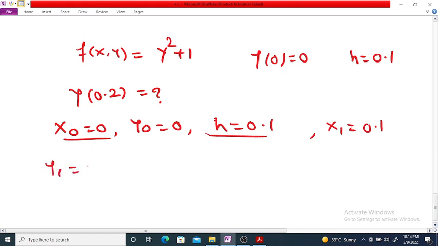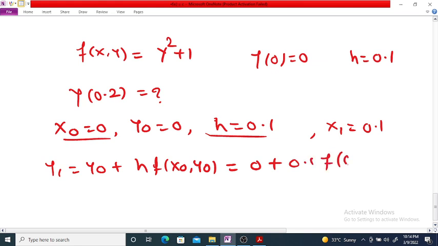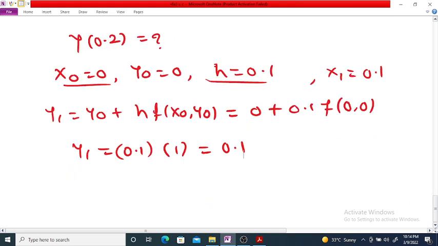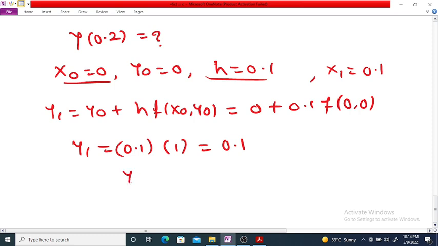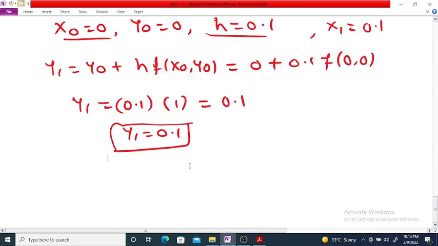So y1 is equal to y0 plus h f of x0,y0. y0 is 0, h is 0.1, and f of 0,0 is 1, so y1 is equal to 0.1.